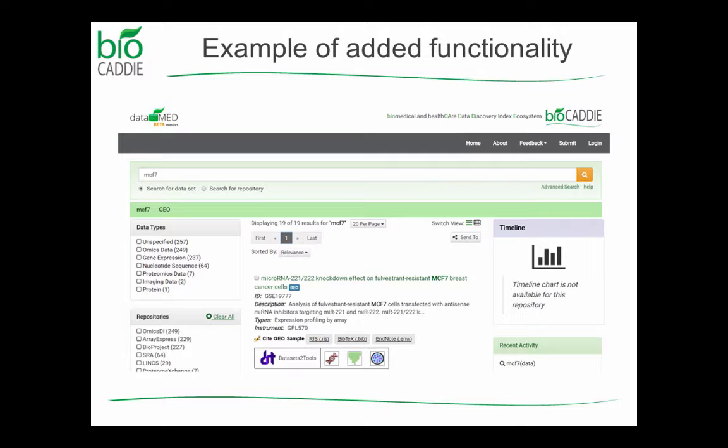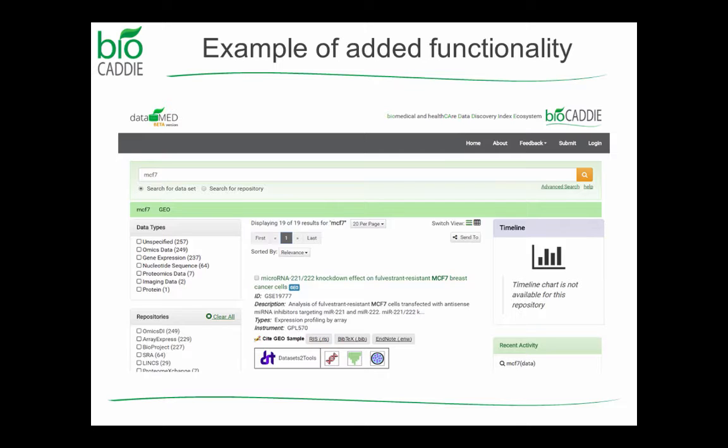So an example of added functionality, as you know, DataMed is open source and can be modified by others. And these were modifications that our colleagues from Mount Sinai did, and you will have a presentation this afternoon about this project.